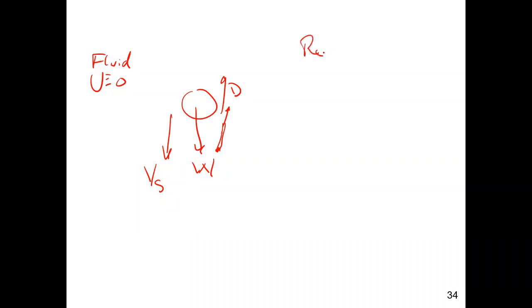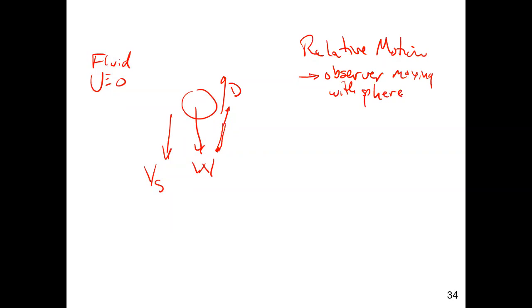And now with relative motion, you become an observer moving with the particle, which in this case, we assume it's spherical. And so this system looks like the sphere is sitting still and the fluid is moving past the sphere at V sub s or U. And so again, what this is doing is creating a drag force, and that drag force is opposing the weight.